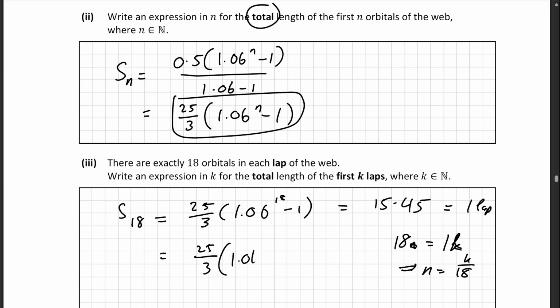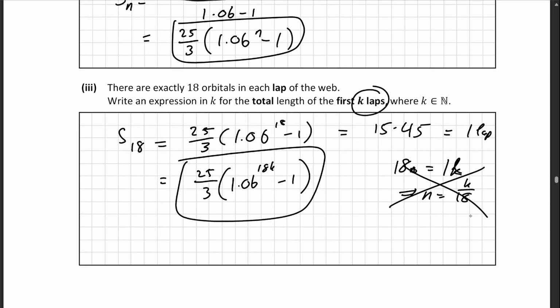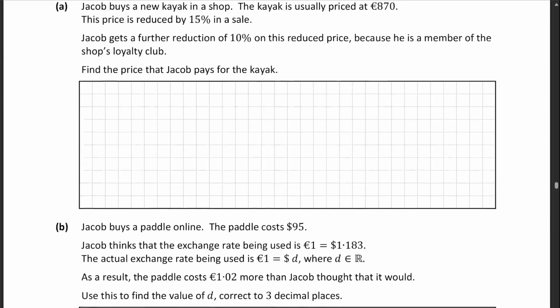So it's 1.06 to the k over 18 minus 1 if we're now considering the laps instead of orbitals. Because then the first lap's not going to work. So actually it should be the other way around. It should be 1.06 to the power of 18k. Because k equals 1, that works. K equals 2, yeah, okay. Fixed it now. It's just going to be that, 1.06 to the 18k. And that's the whole question.